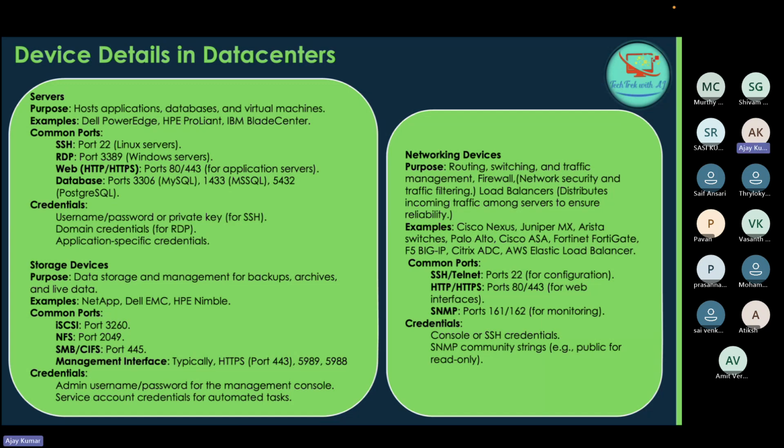So there is one more alternate way, there are other alternate ways as well, and based on the storage, some other things will be possible. We'll discuss in detail later. But on the networking side, if you see here, the networking purpose is just to help out with routing, switching, traffic management, firewall, security, and traffic load balancing, to distribute the incoming traffic among the servers to ensure reliability, right?